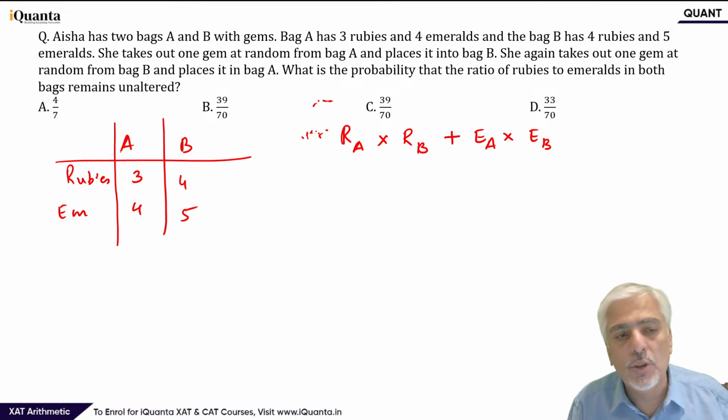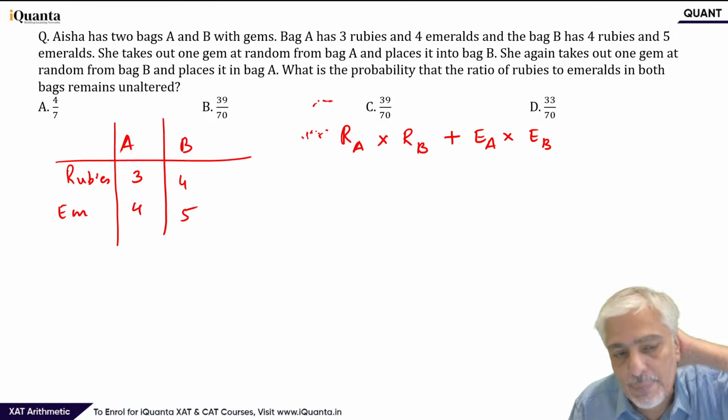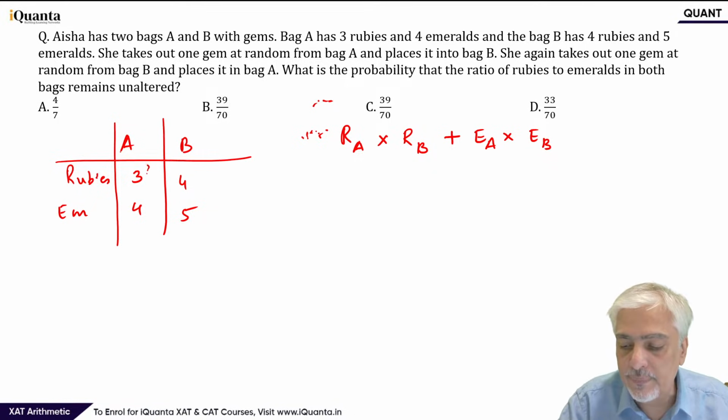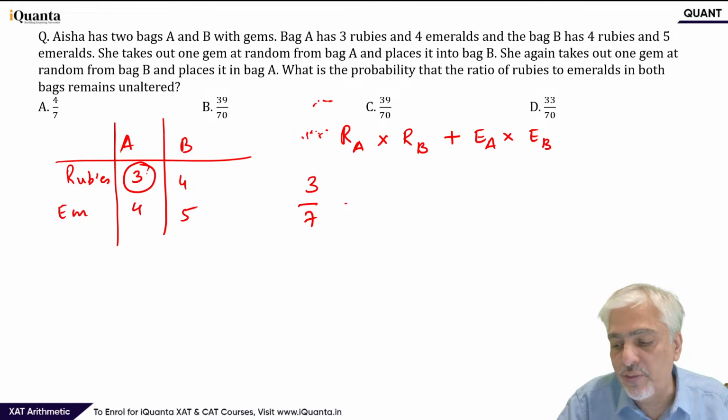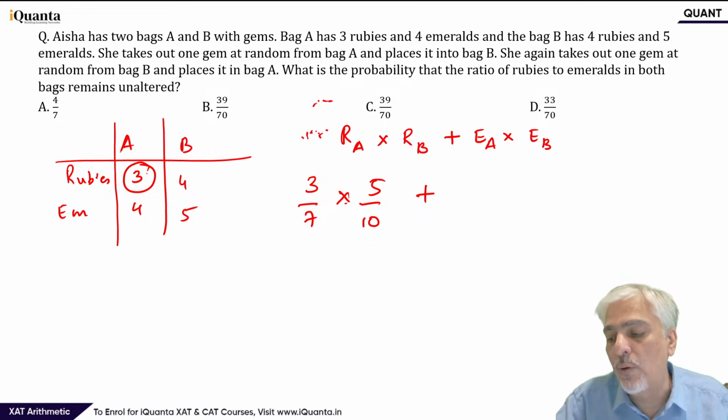So let's start. What is the probability of getting a ruby from bag 1? Bag 1 में 3 ruby है out of 7. If 1 goes there, bag 2 has 5 rubies, 5 out of 10. So it will be multiplied by 5 out of 10 plus emerald in bag 1, 4 out of 7.